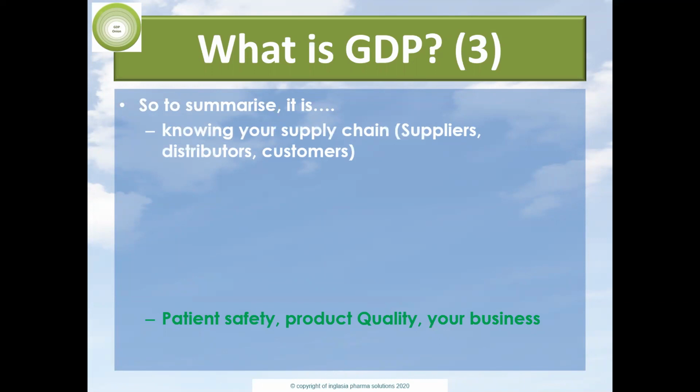Again, it could be suppliers of your raw material, your active ingredient, right from the farm or from the abattoir where it's sourced and then extracted, purified, and then made into the drug substance that goes into your finished product, all the way through the entire supply chain, through the manufacturing facility, warehouse, into the wholesaler warehouses, and then local in-country warehouse, and to the end customer.